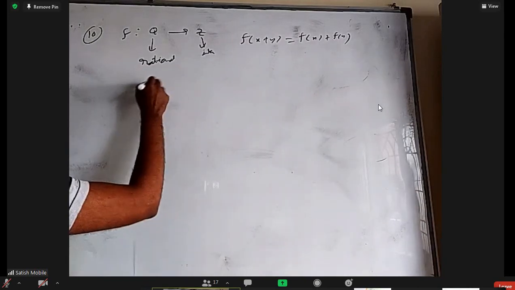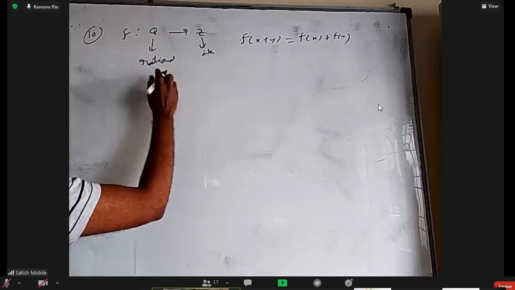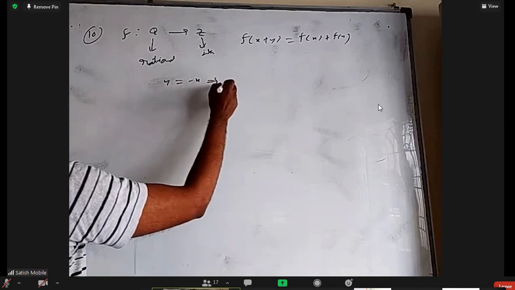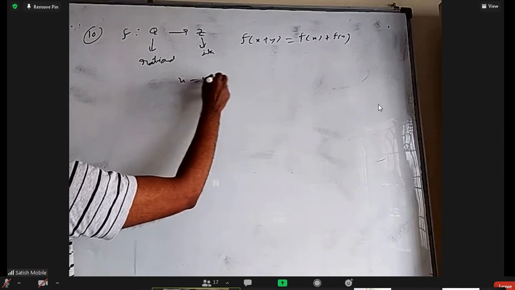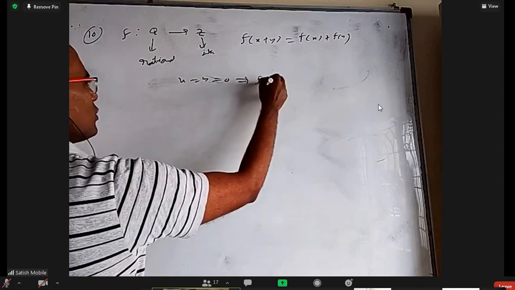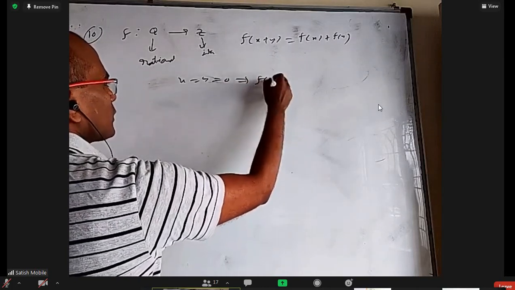Here, we can prove many things. If you put y equal to minus x, or if you put x equal to y equal to 0, first of all, f of 0 is 0.